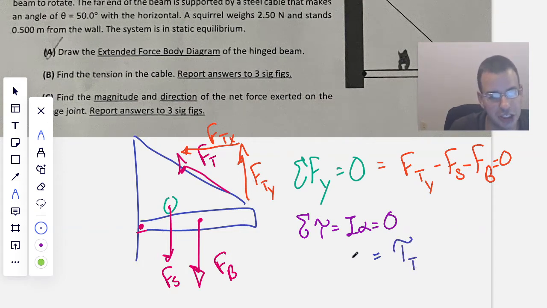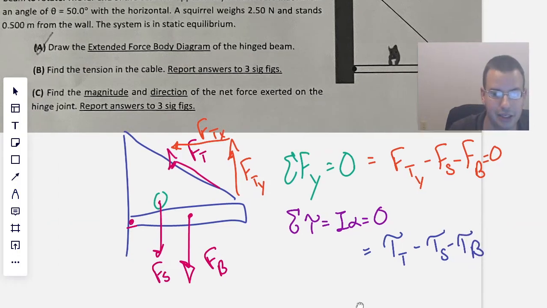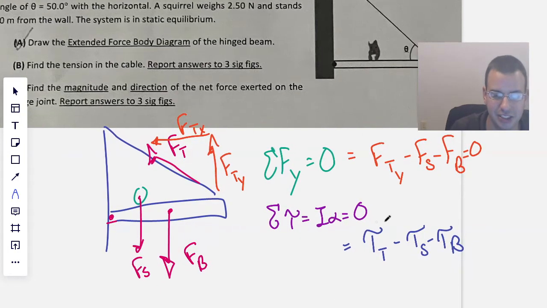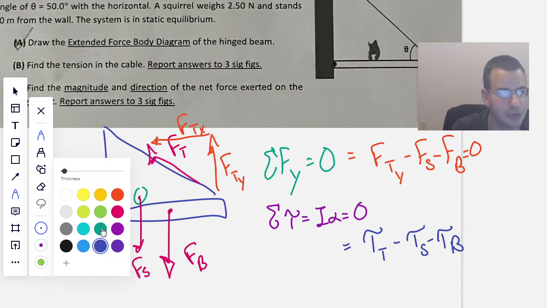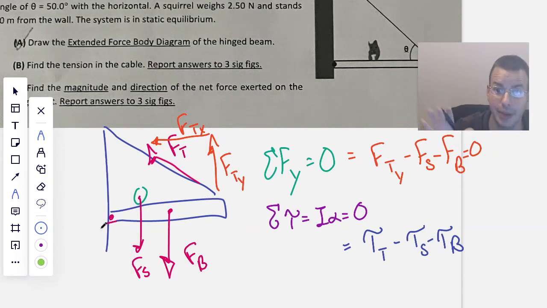Torque tension is going in the counterclockwise direction, and it's going to be minus torque squirrel minus torque beam. The minus signs here don't really mean one direction or the other. I think the convention is counterclockwise is positive, I'm not even sure, and I don't care. Basically, they have different signs because they're in opposite directions. That's all that matters here.